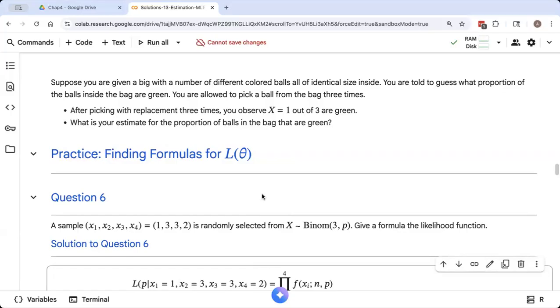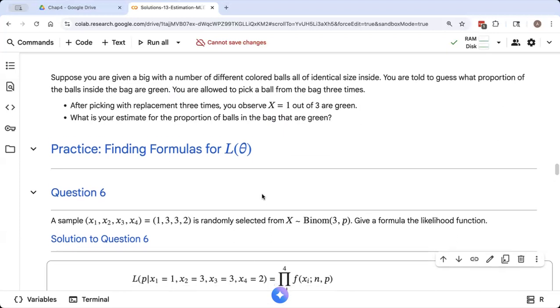You pick a ball from the bag, look at what color it is, and then replace it. Then you pick again, and you do this 3 times with replacement, and 1 out of the 3 balls that you picked were green. Then you're asked, based on that sample, what is your estimate for p, the proportion of all balls in the bag that are green?